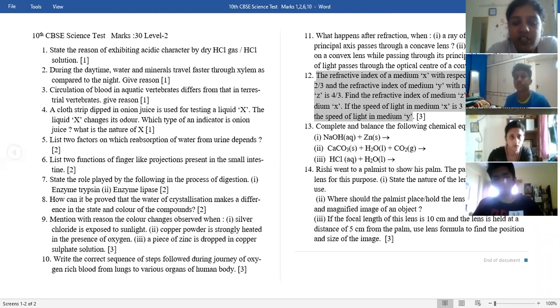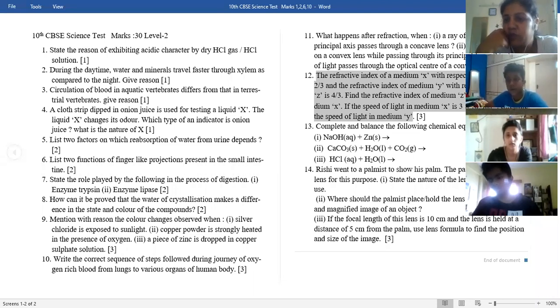Then, circulation of blood in aquatic vertebrates differs from that in the terrestrial vertebrates. Give reason. There are two factors. One is about the circulation and the two-chambered heart. The aquatic organisms have a two-chambered heart, and the terrestrial vertebrates mostly have a 3 to 4 chambered heart.